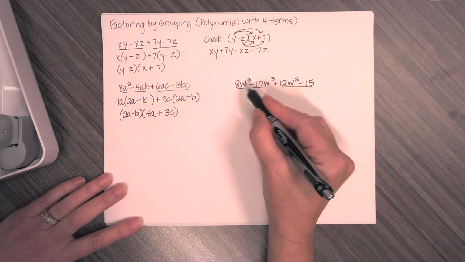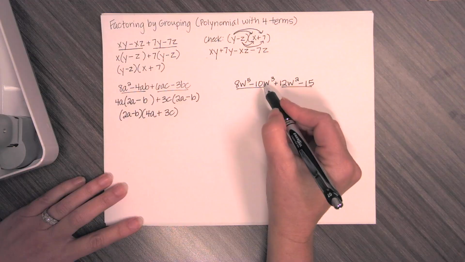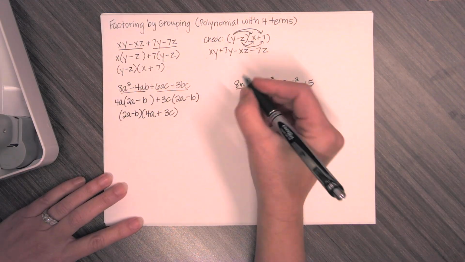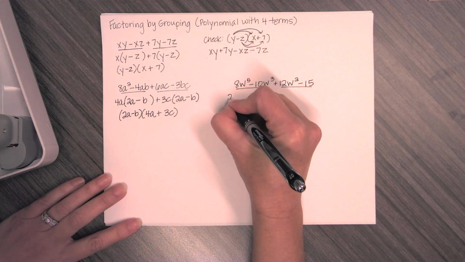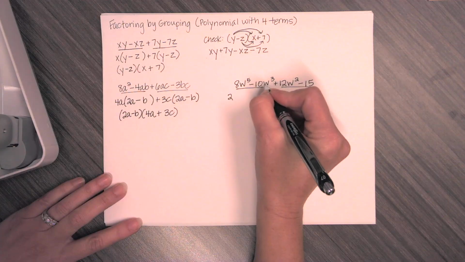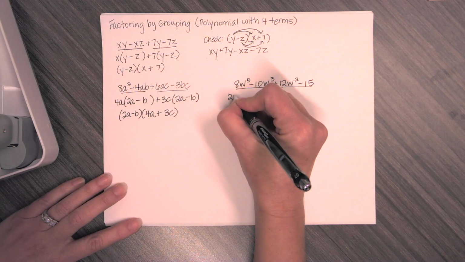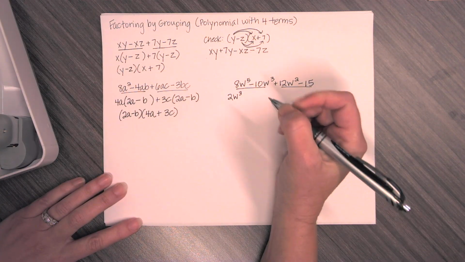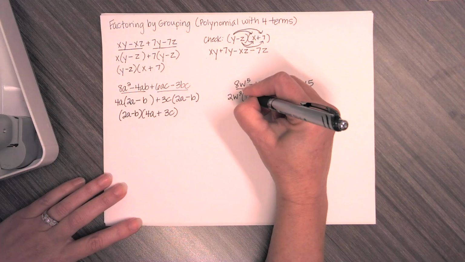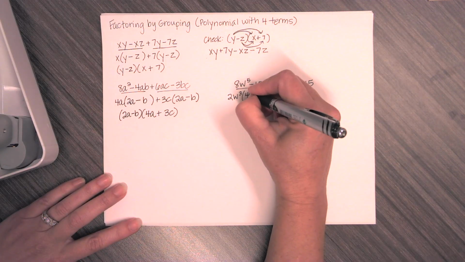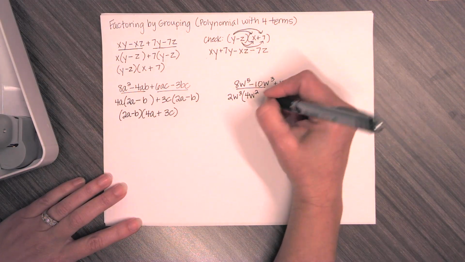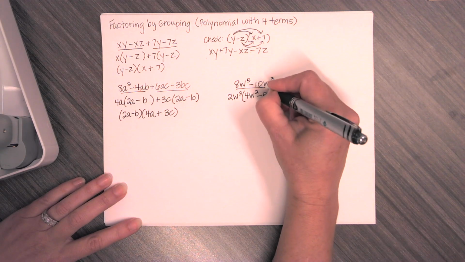We're going to look for a greatest common factor for the first two. For 8 and 10, I think the greatest common factor is going to be 2. And then for my w's, the most I can take out is w to the 3rd. That's going to leave me with 4w squared minus 5.